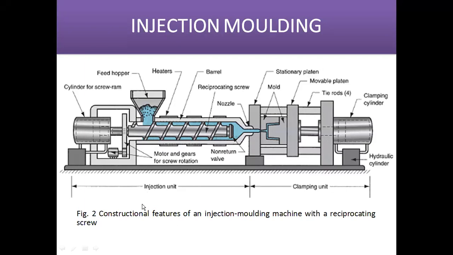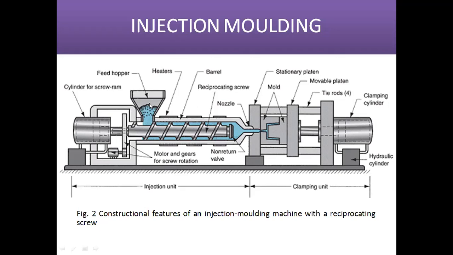That's why this is called an injection molding machine with a reciprocating screw. Here you can see there is a cylinder for the screw ram. These are the gears for transmitting the power from the motor to the reciprocating screw. So here the screw reciprocates and the plastic materials are moved towards the nozzle.